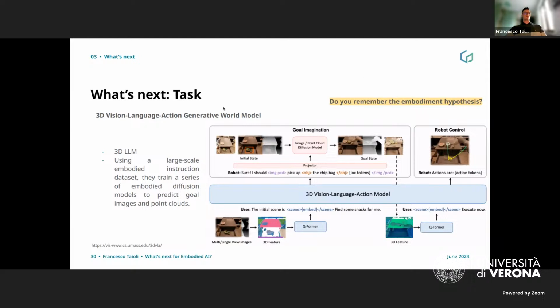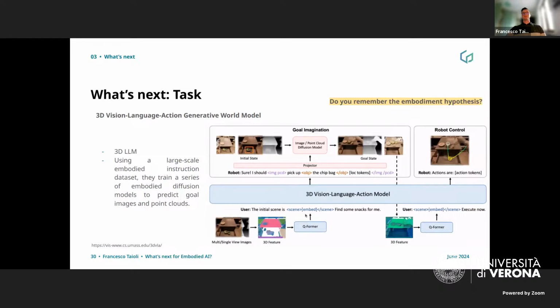A cool work that I saw is a 3D vision language action generative world model. What they have done is they took an LLM and enlarged the tokenizer, so they can also input images and point clouds into the model. You can see that we have multiple images.